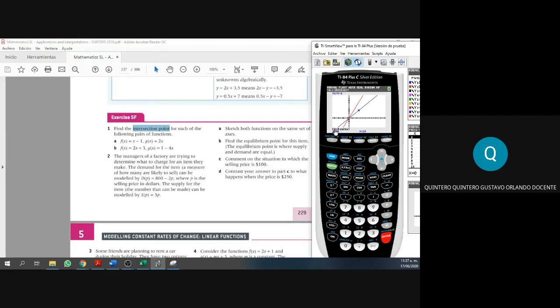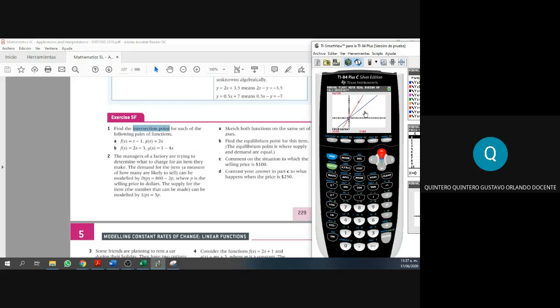Now, the calculator is going to ask you for things. In this context, curve is not a circle. A curve is a function. And in our example, we have two functions, the red one and the blue one. Two lines, two functions. So we want the first curve to be any of those.